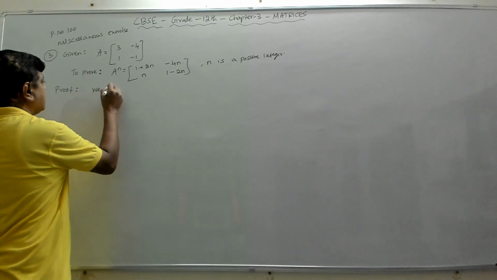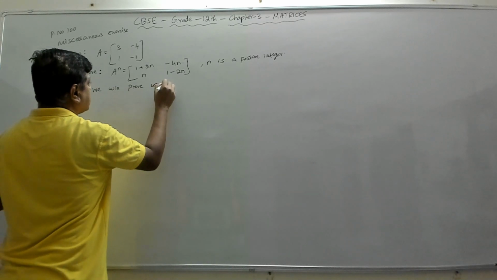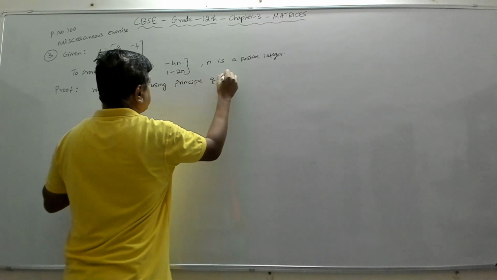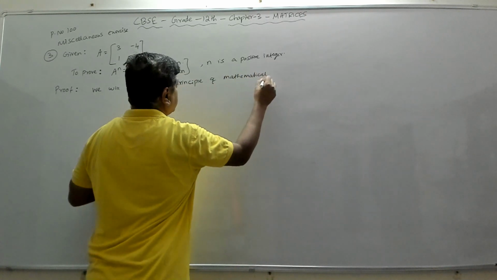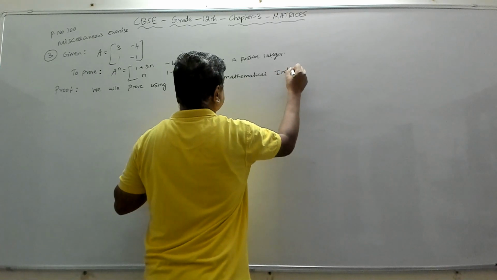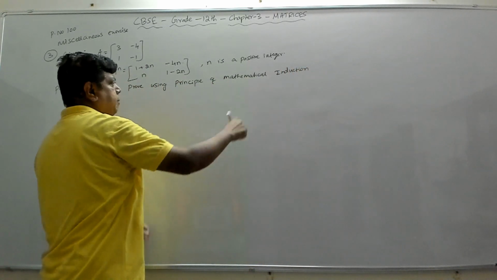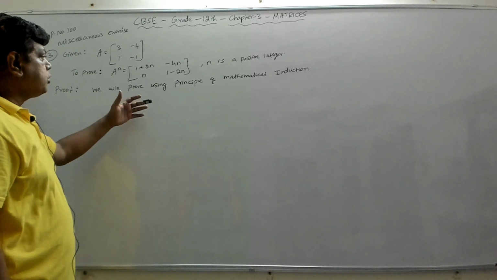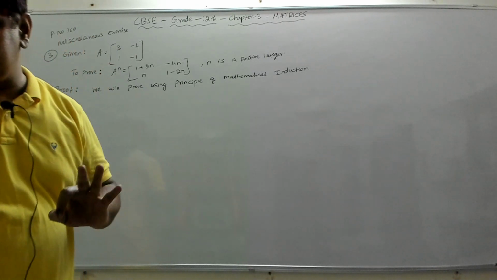So we will prove using principle of mathematical induction. In short, we call it PMI. Principle of mathematical induction is called PMI. To prove this using PMI, we will have 3 steps.